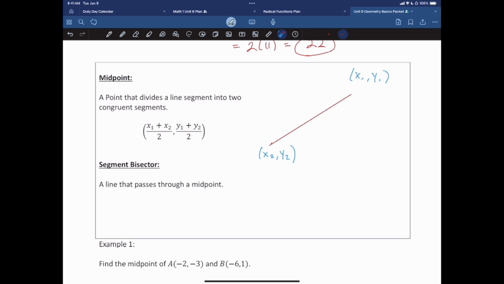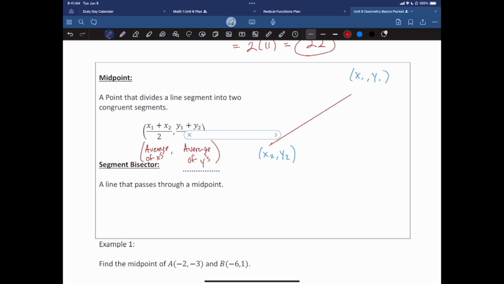All I'm going to do is take the average of my x's and the average of my y's. Because you're just taking the two x's, adding them together, dividing by 2, and you're also taking the two y's, adding them, and dividing by 2, right?